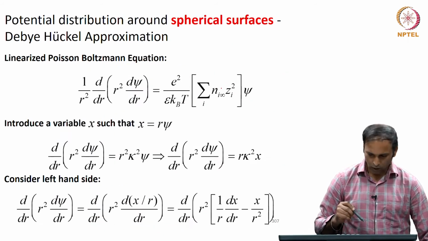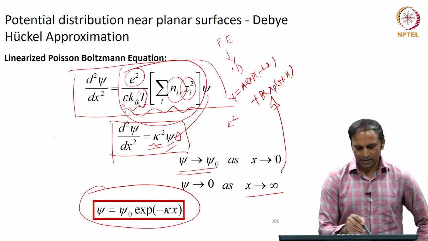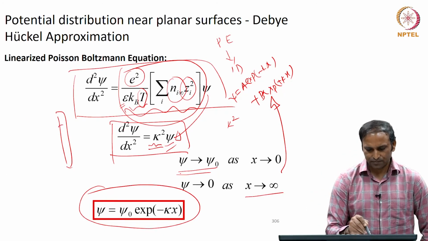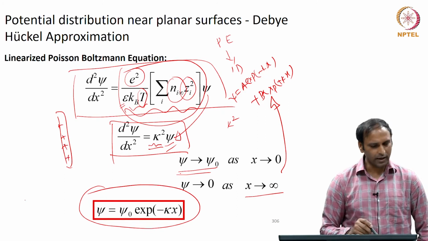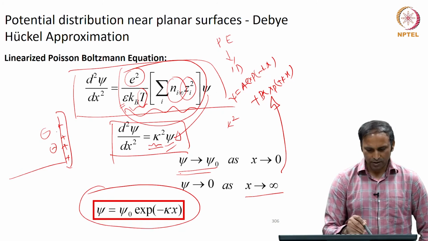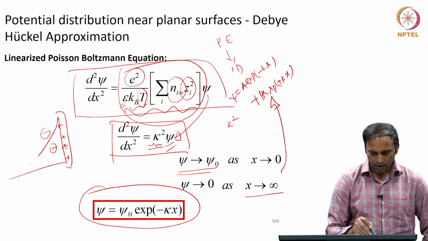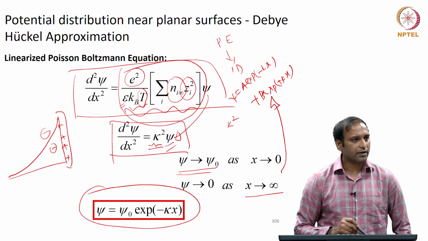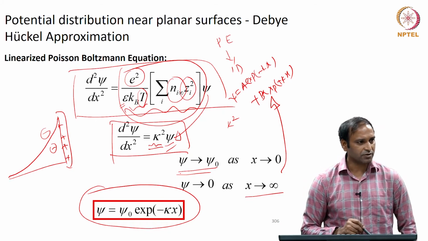So, essentially what this tells you is that if I have a charged surface with some counter ions in solution, the potential essentially decays as an exponential function.